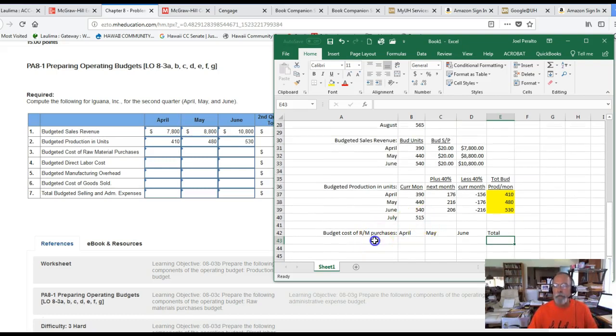And start out with budgeted production, and these would be the numbers that we calculated in the previous calculation. And just so that we know we're okay here, our total was 1420.